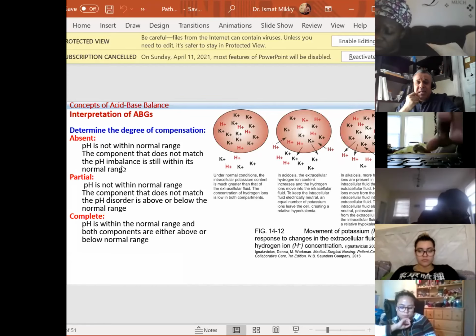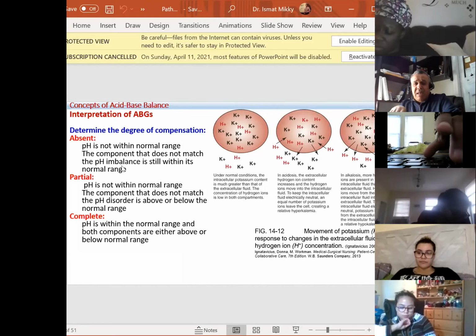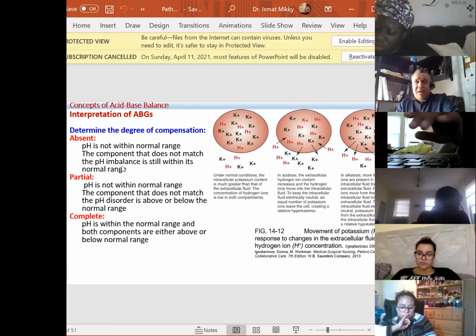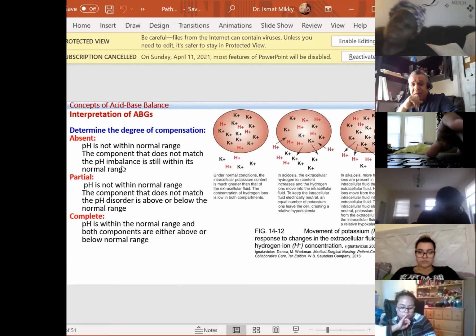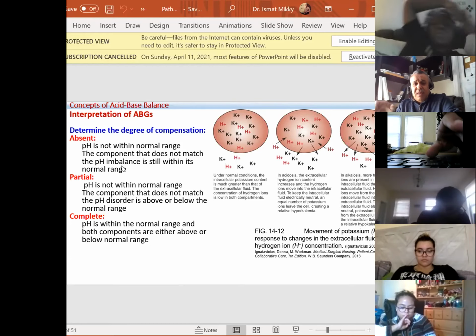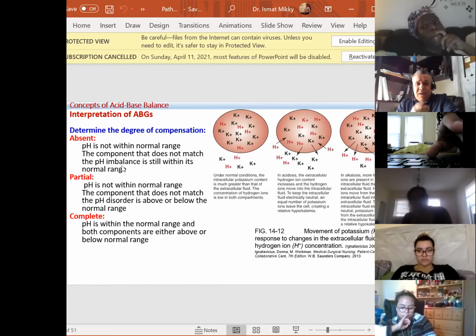So we have the cell, and the medium around the cell is the plasma. When the patient is hyperkalemic, we have lots of K pluses in the plasma, and that automatically exchanges with the H pluses inside the cell. So the potassium will enter the cell, and more H pluses will exit to the plasma and become acidotic.